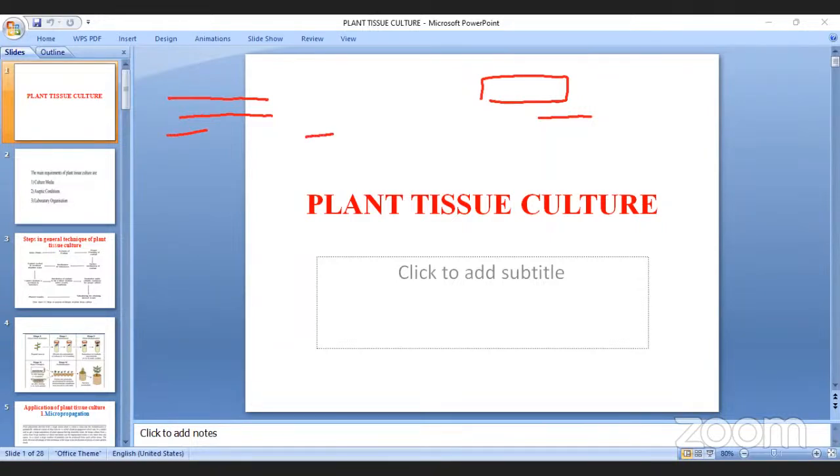It is also a popular tissue culture method for many industries to extract certain components of the plant cell. For example, these are the shakers. On the shakers, you take the plant cells in liquid medium.